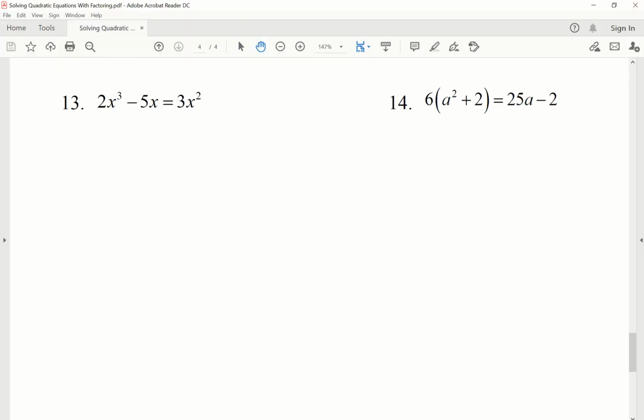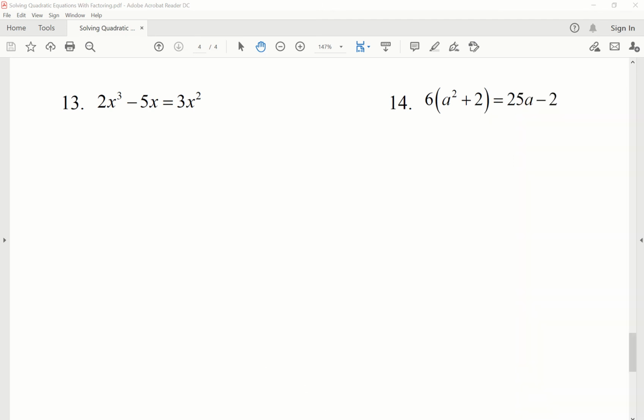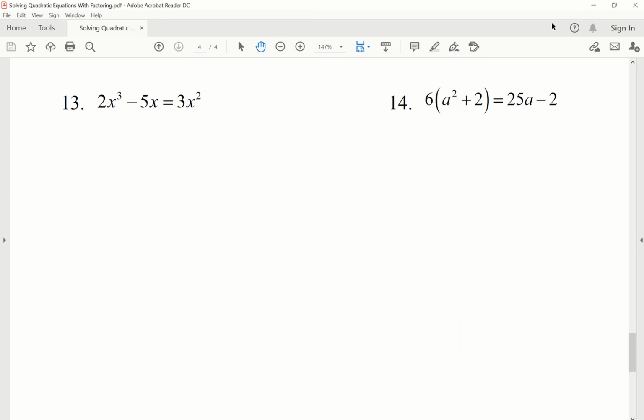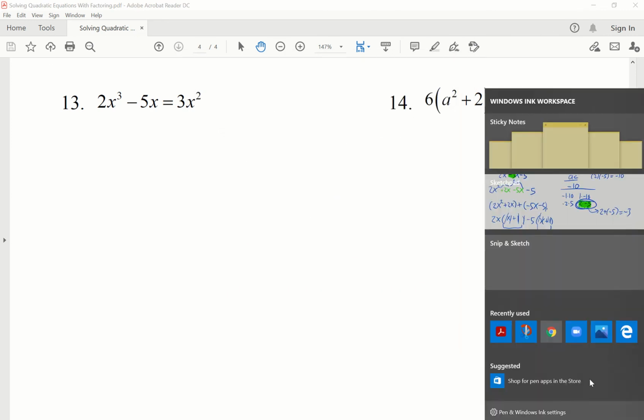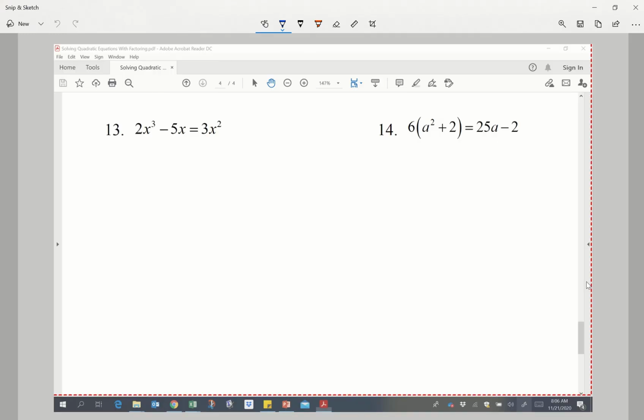So we can come back here. So we had one side to 0 first. We had our 2x cubed minus 3x squared minus 5x equal to 0.